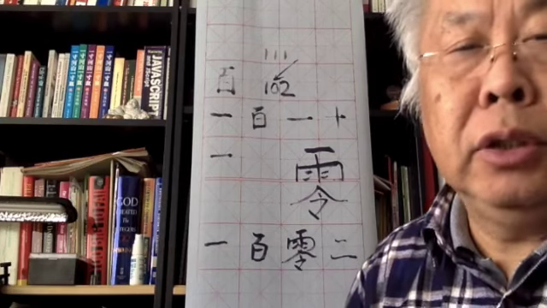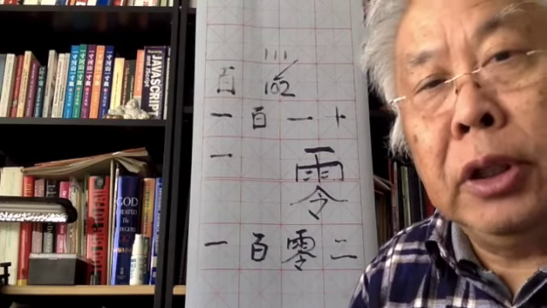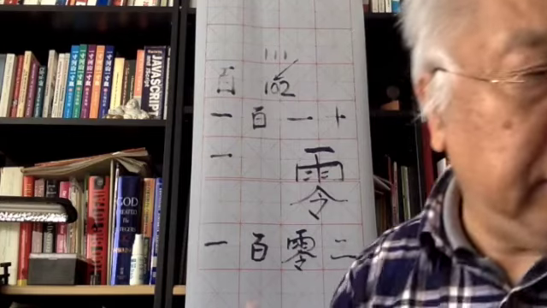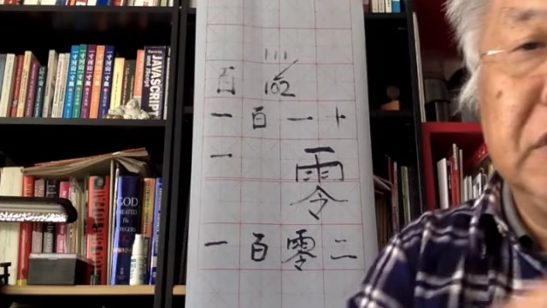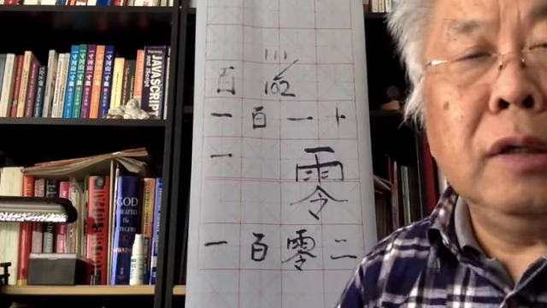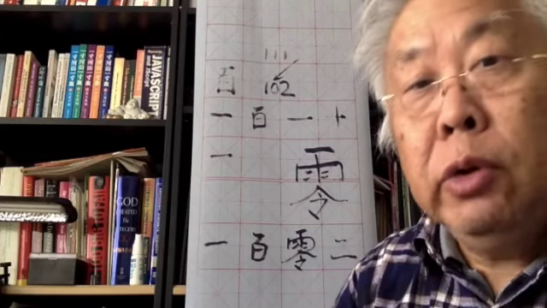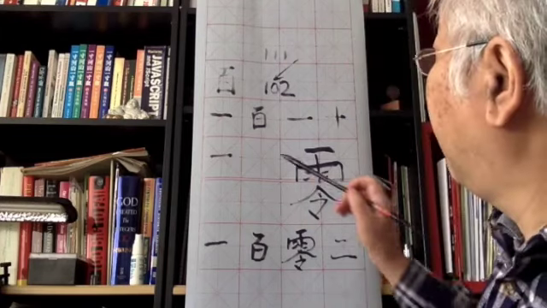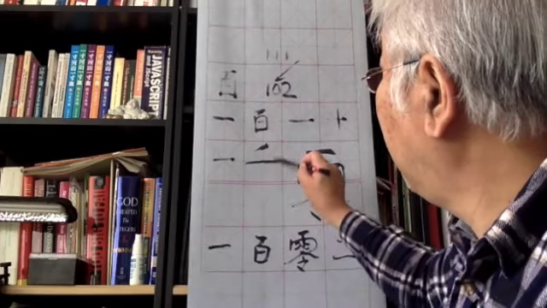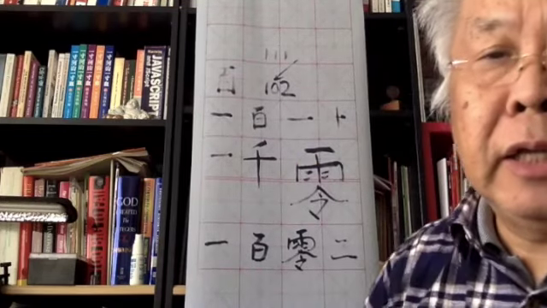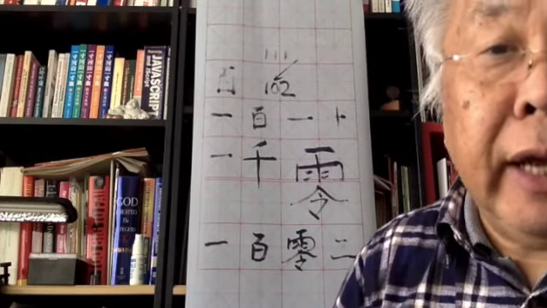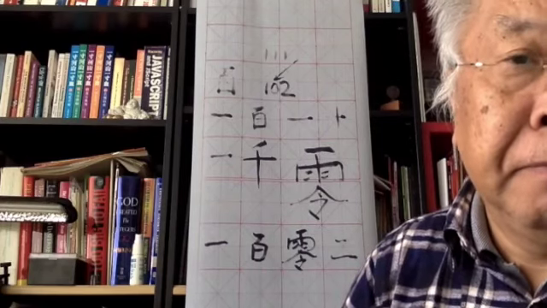So with this, you can now express up to 999. So obviously, the next progression is into 1,000. So what is the word for 1,000? Yes, 1,000 looks like a 10 with a slash on top of it.